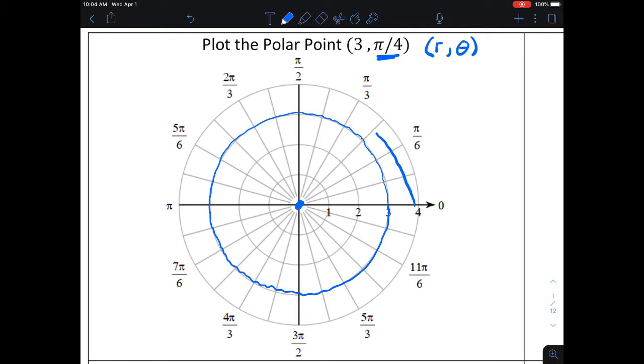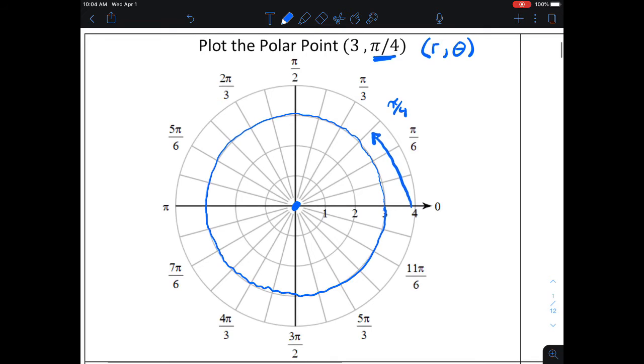So pi over 4 is going to be right here. And so my polar point is going to be the intersection of that angle of rotation of pi over 4 and the edge of that circle. And so there's my point, P.